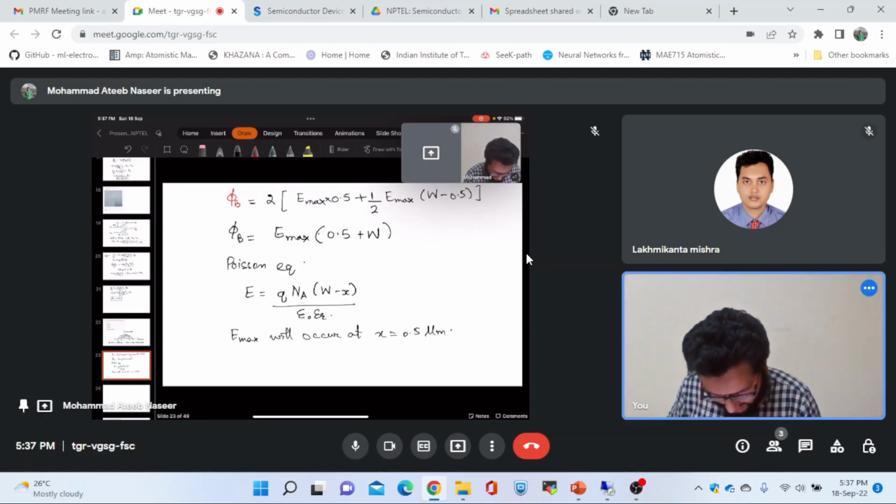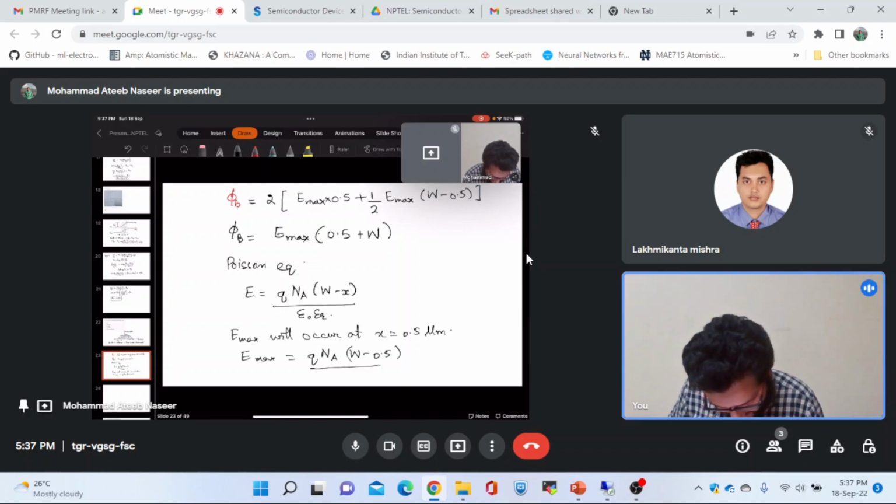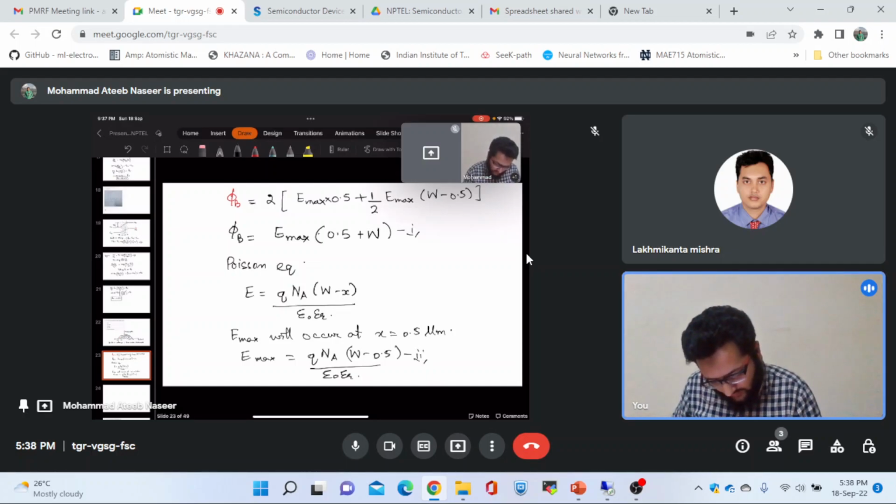So I will simply substitute the values for x and I will get Q times Na (W minus 0.5) divided by epsilon naught epsilon R. Now if I use these two expressions, I should substitute E max in the first.